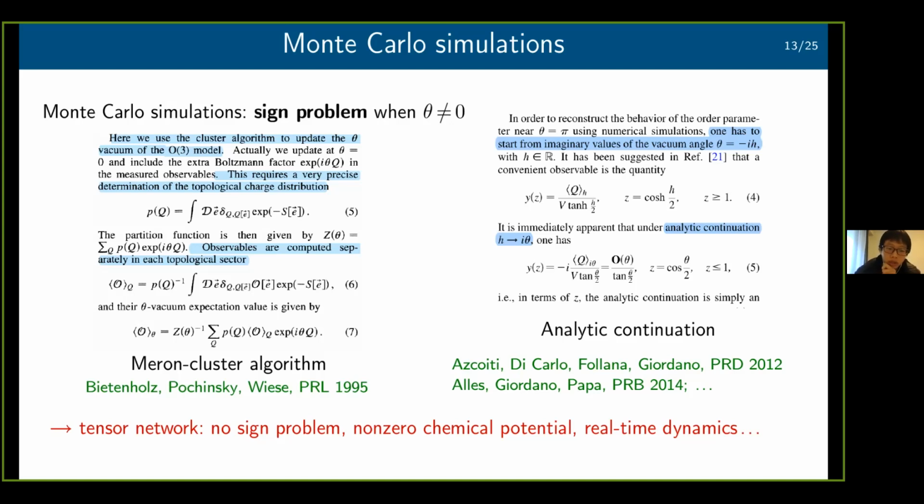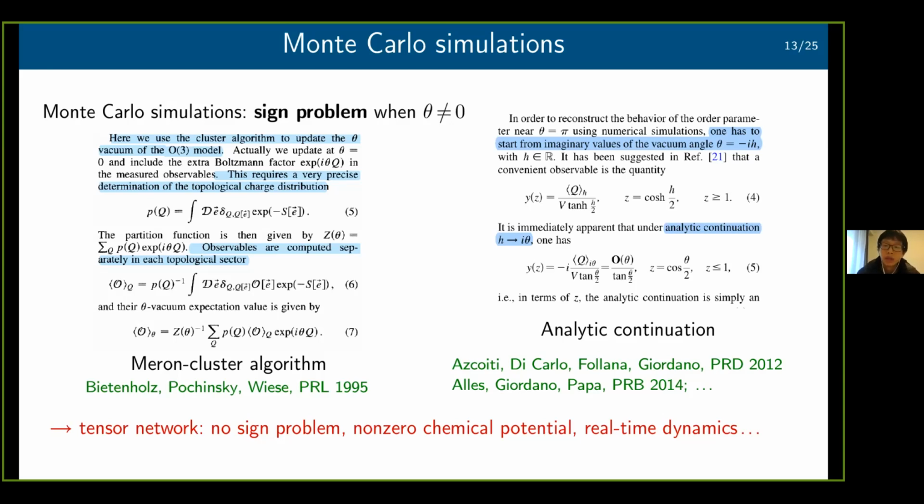On the other hand, the tensor network, as we mentioned before, has no sign problem and should be very appropriate for this kind of simulation, even for non-zero topological term. Also, in tensor network simulations, we can explore regimes like non-zero chemical potential and real-time dynamics, which are not accessible by Monte Carlo simulations.